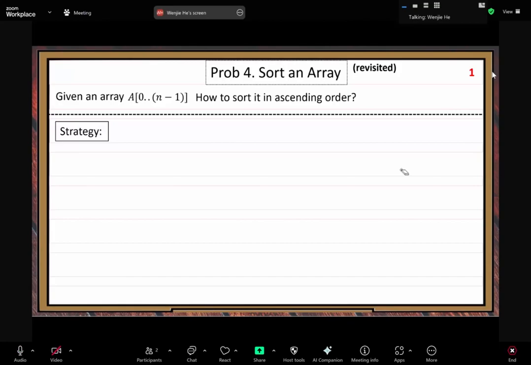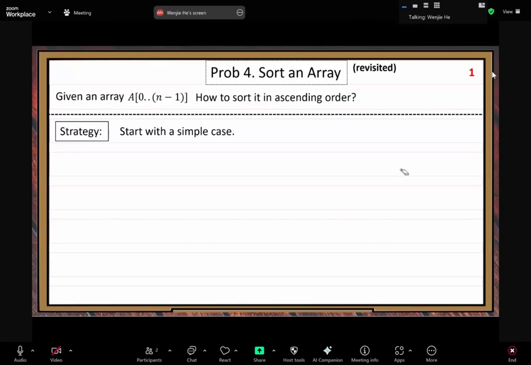All right. So from the strategy, we still apply one of our old strategies we used many times. Start with a simple case.